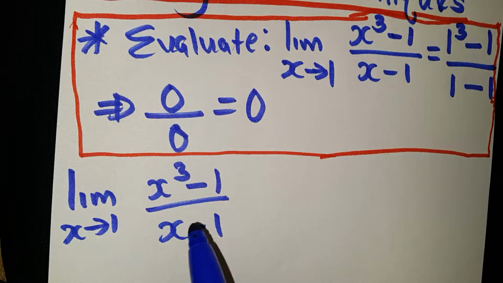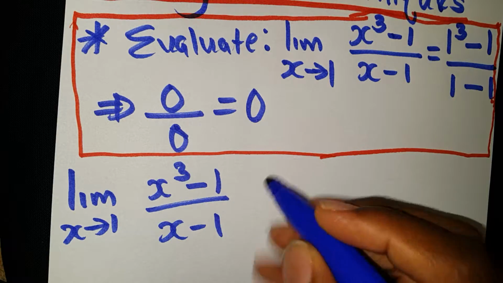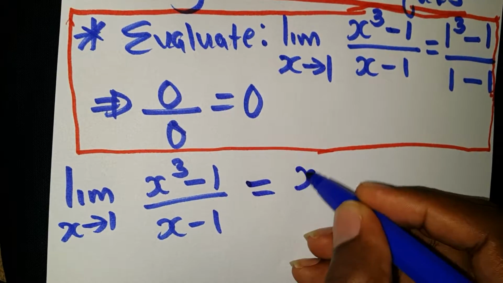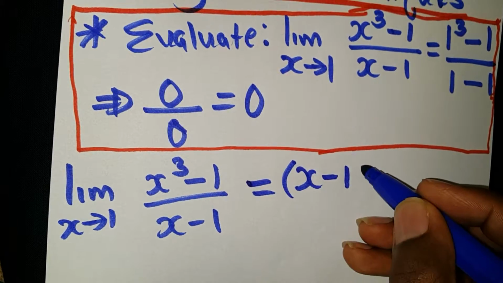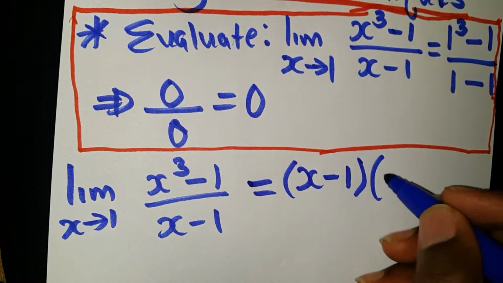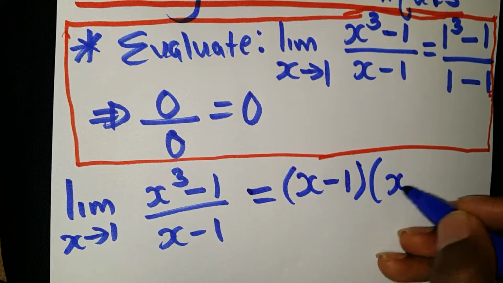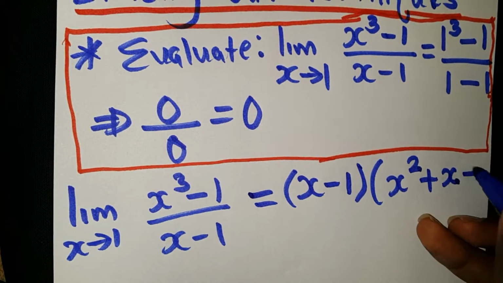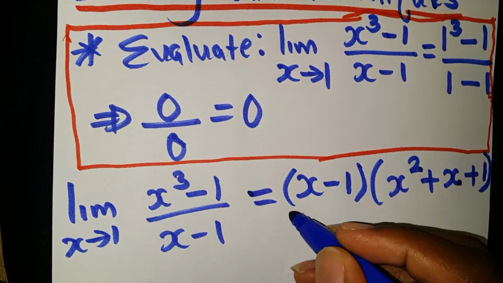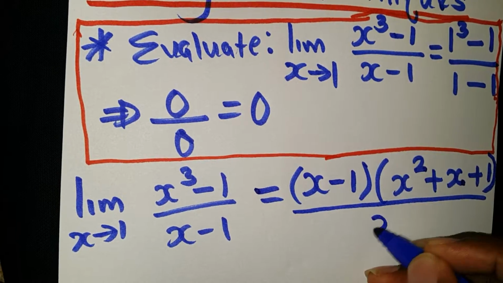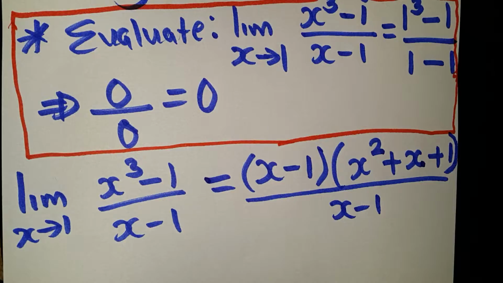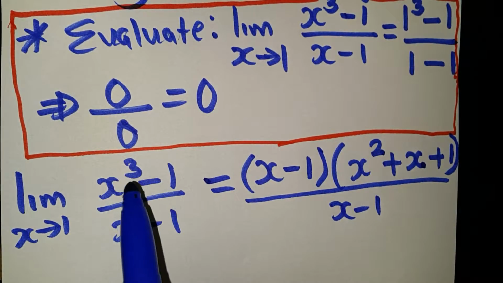What you have to do is just expand this, which will be equal to x minus 1 times x squared plus x plus 1, divided by x minus 1. This x minus 1 here. So you have to expand it. So we've expanded our function here now.